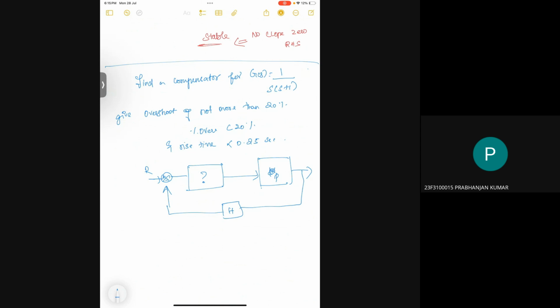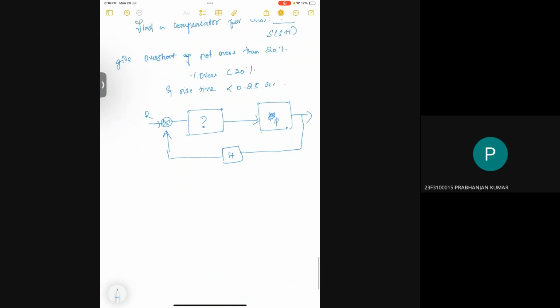The compensator will try to compensate for the insufficiency. It won't be very exact, but it will take you to a satisfying range. This is the minimum satisfying operation I can give. That kind of range it will push the actual plant to. So we have to find the compensator value, or what poles or zeros, the number of poles and zeros we want to add, so that we can compensate for the insufficient desired responses.